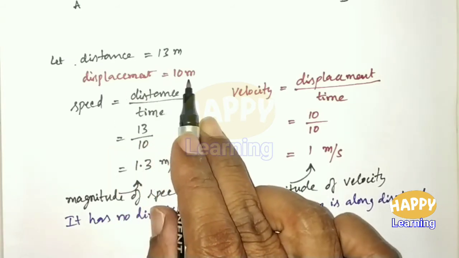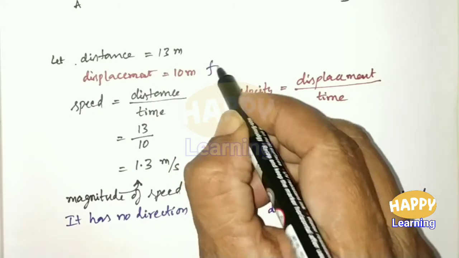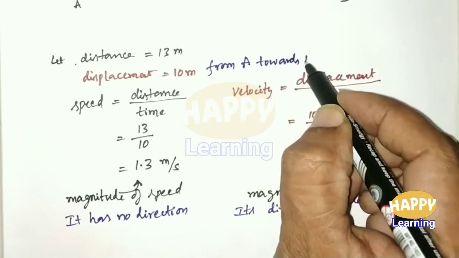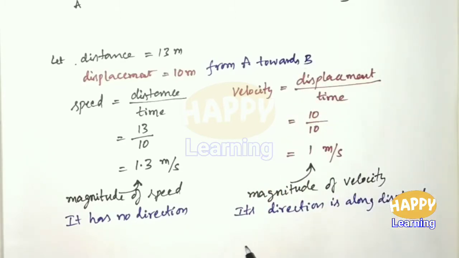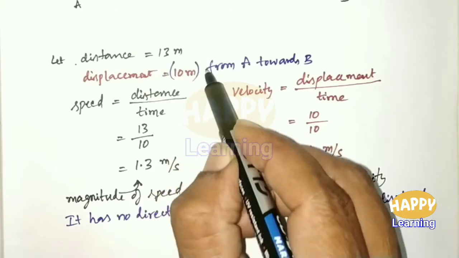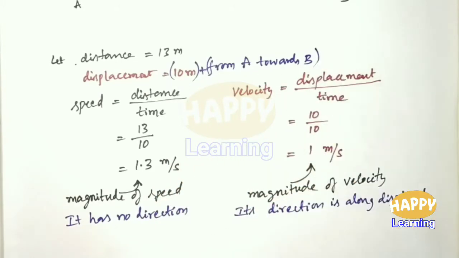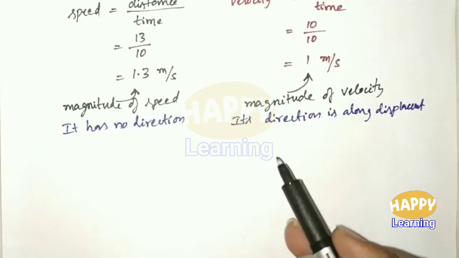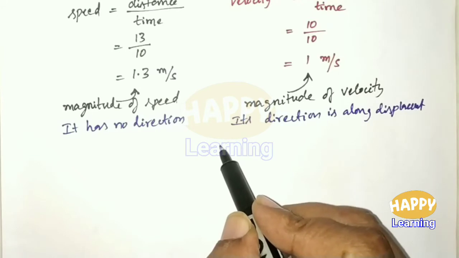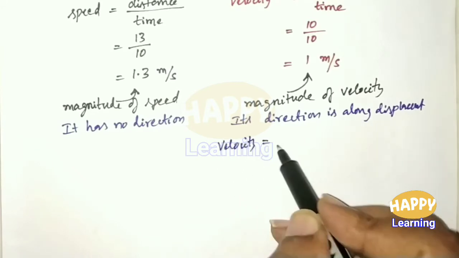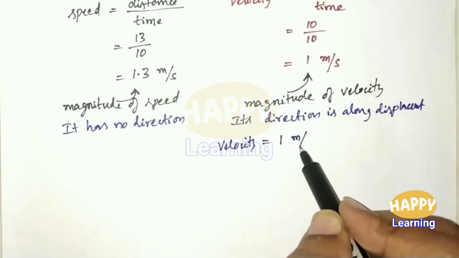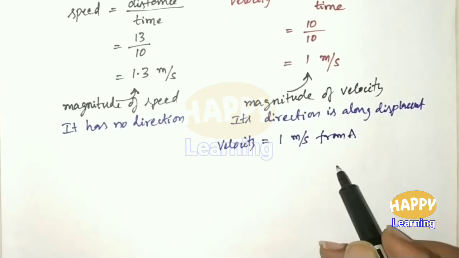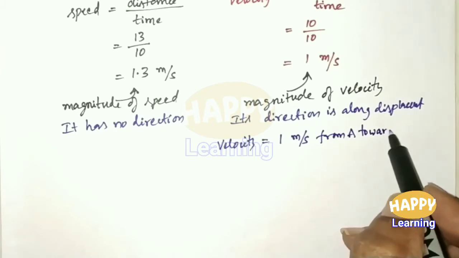Here displacement is 10 meter and it is from point A towards point B. Value is 10, direction is from A to B. So displacement is 10 meter from A towards B. This is the full expression for displacement. So velocity is equal to 1 meter per second, its value, and direction is same as displacement, that is from A towards B.